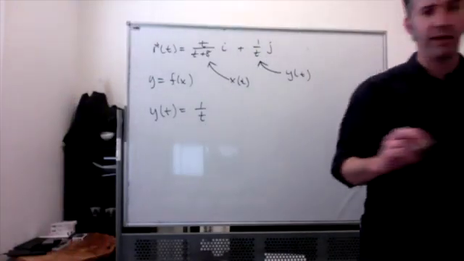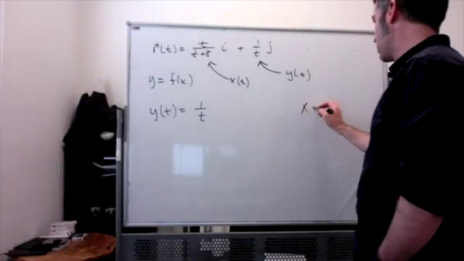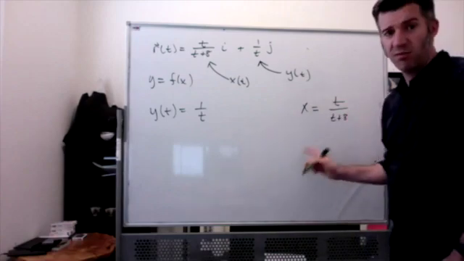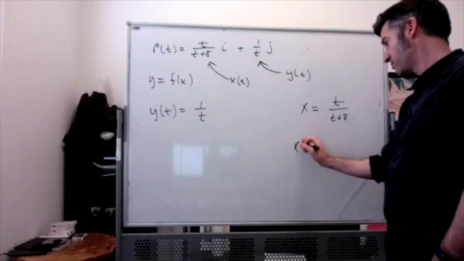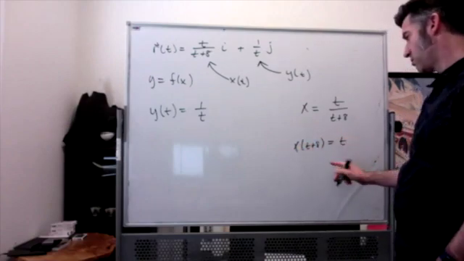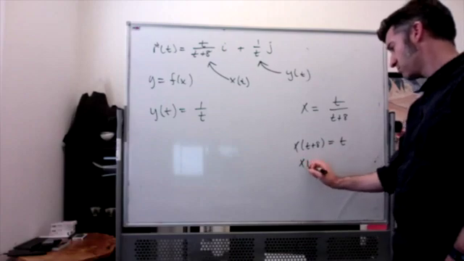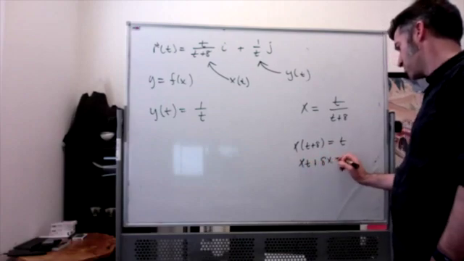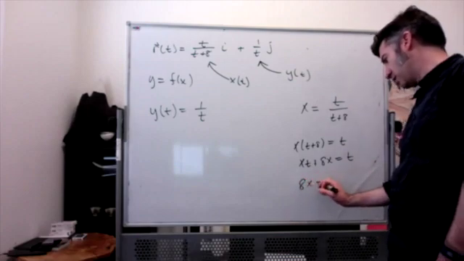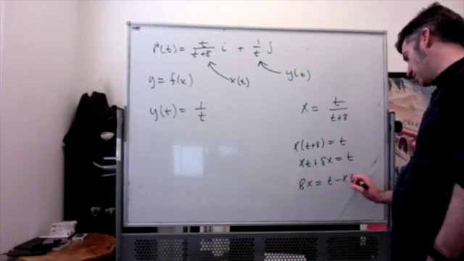So let's see if we can make it happen. x equals t over t plus 8. Multiply both sides by t plus 8. Distribute. Bring this over so we can solve for t. So 8x equals t minus xt.